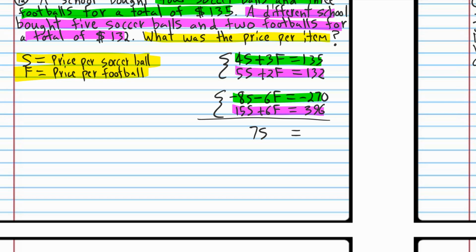And you can do that on the calculator if you want. 396 minus 270 is 126. Divide both sides by 7 and we get S is equal to 18. So the price per soccer ball is $18. Again, you need to put your units. $18 per ball.